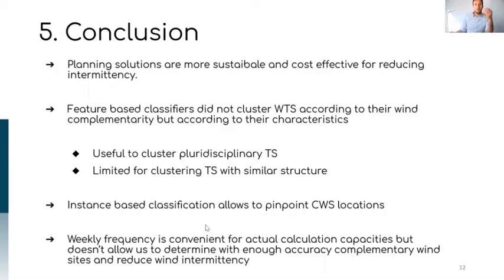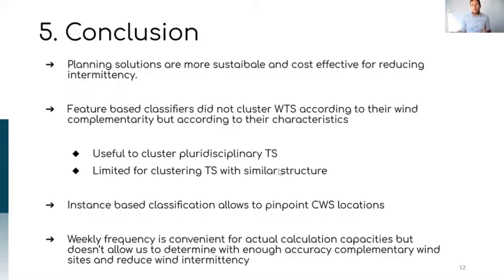So here, to pinpoint these complementary locations, we considered 2 methods in order to identify these sites. Feature-based classifiers did not cluster wind time series according to their wind complementarity, but rather on their characteristics, which is not our purpose here.